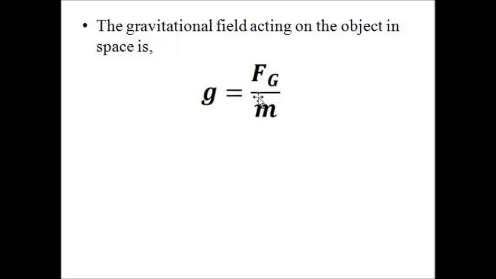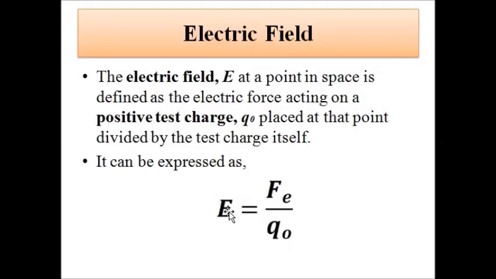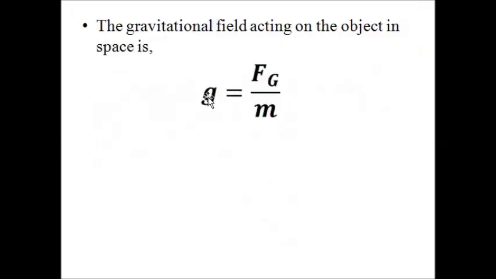So now you try to compare this equation g is equal to Fg by m with this equation E is equal to Fe by Q0. So here you will find some analogous relationship. Here the electric field E is analogous to the acceleration due to gravity small g.